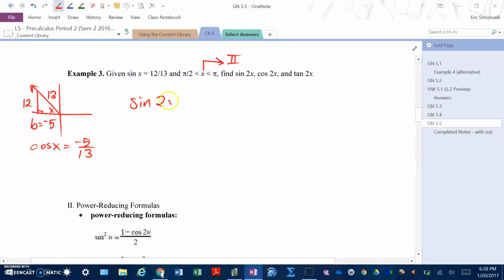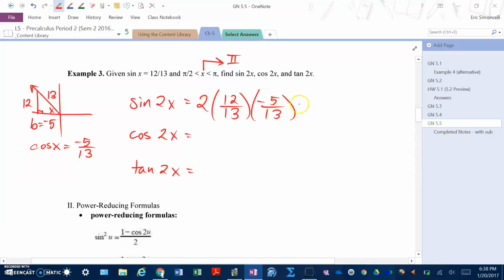So we're going to go ahead and find the sine of 2x, cosine of 2x, and the tangent of 2x, all of which will require the use of one of our new formulas. The sine of 2x, there's only one version we can use, that's 2 sine x, which is 12/13, times cosine of x, which is now negative 5/13. If we multiply the denominators, we have 169.